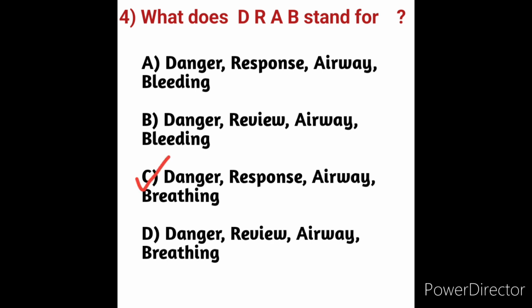Third step is airway: if there is no response, we have to give an airway. Fourth step is breathing: we have to assess for breathing. The fifth step is circulation. So DRAB means danger, response, airway, breathing. Option C is the correct answer.